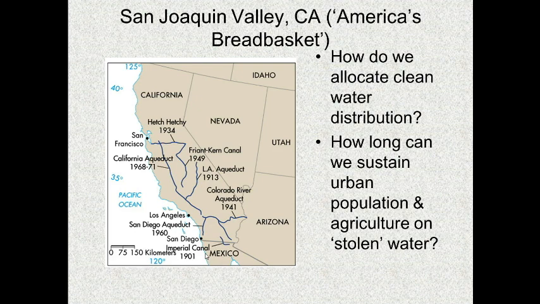In order to get water to the San Joaquin Valley, we're building aqueducts and canals. What happens to the area that used to have the water going through it and no longer does?